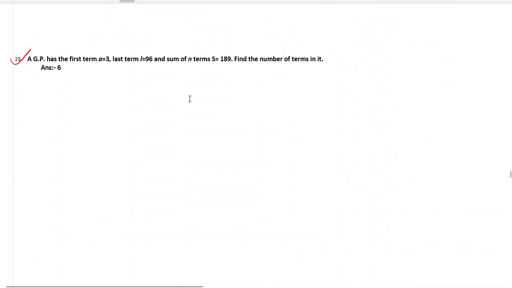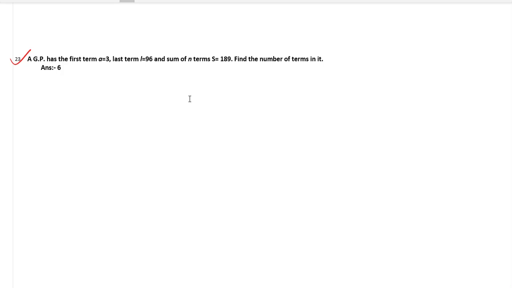A GP has first term a equal to 3, last term L equal to 96, and sum of n terms S equal to 189. Find the number of terms in it. So the first term is 3, last term is 96.